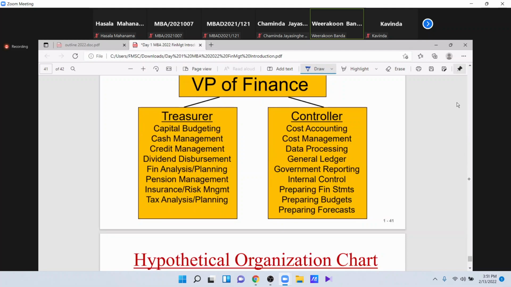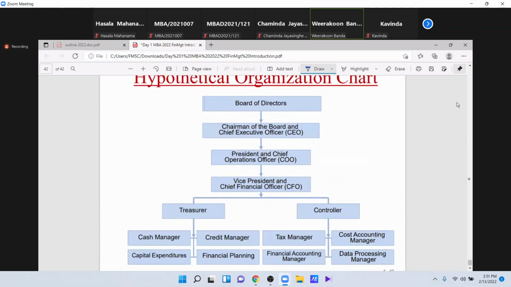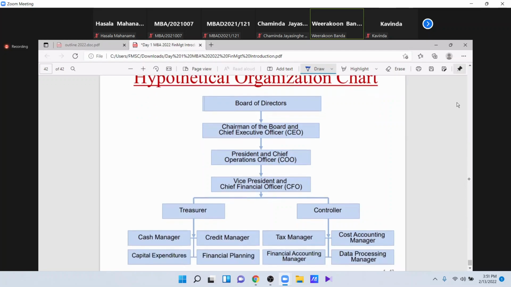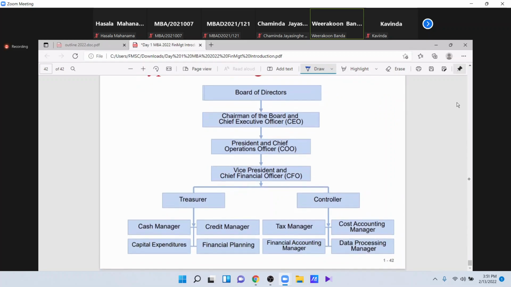We can't explain it exactly the same way, but practically, depending on different circumstances, we can observe different organizational charts. Here we also indicate a hypothetical organization chart: board of directors, chairman, president, chief financial operating officer, vice president and chief financial officer, treasurer, controller.